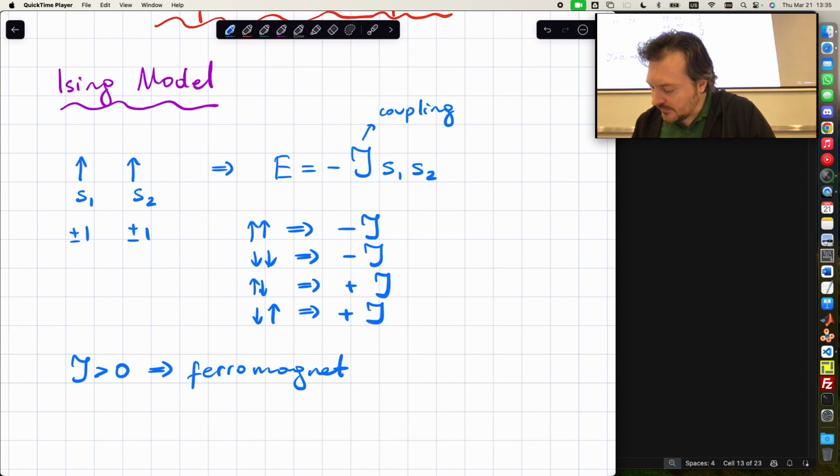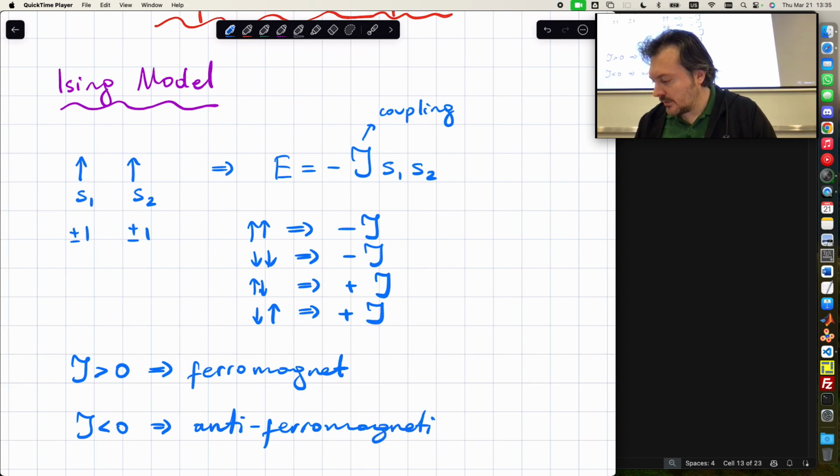If J is negative, then it's anti-ferromagnetic or antiferromagnetic. Okay, so far so good? Any questions? No. Good.